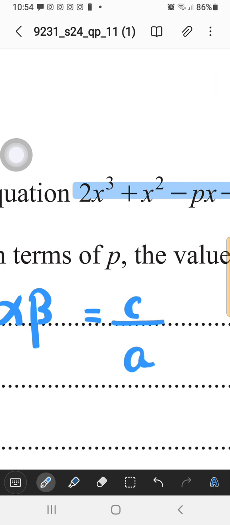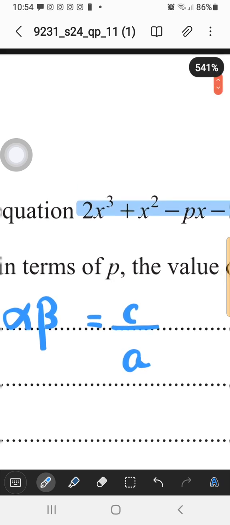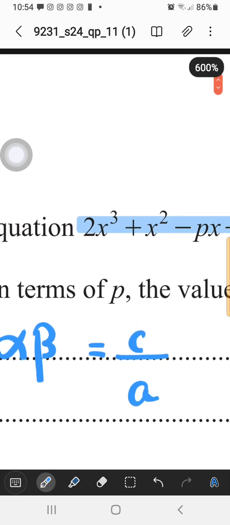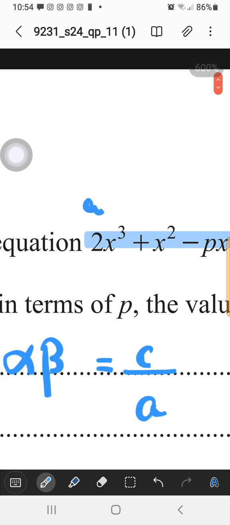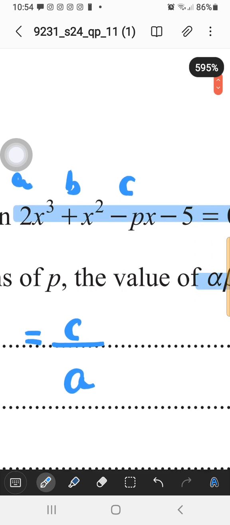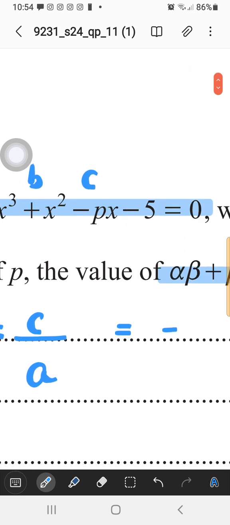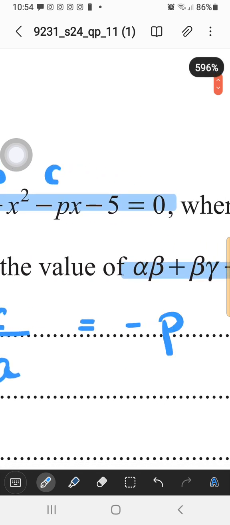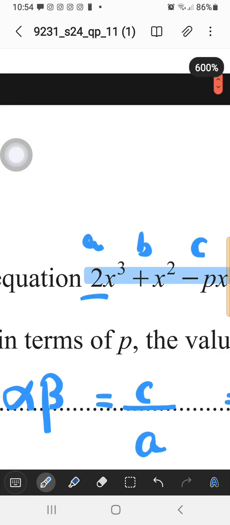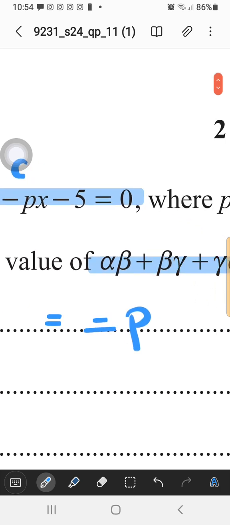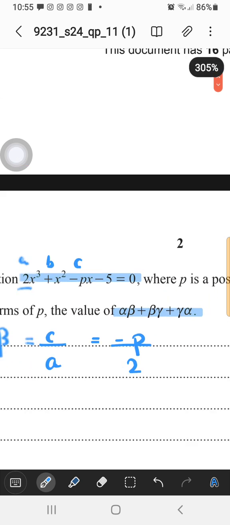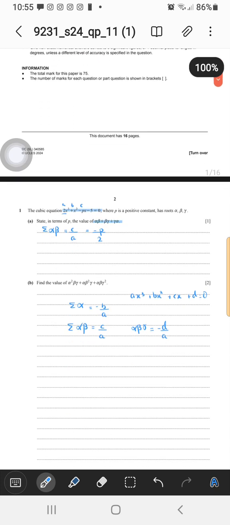So we will go to the given equation and grab the value of c. This is a, this is b, and this is c. So negative p here, negative p. And what is a? A is 2, so negative p upon 2. So that's our answer.